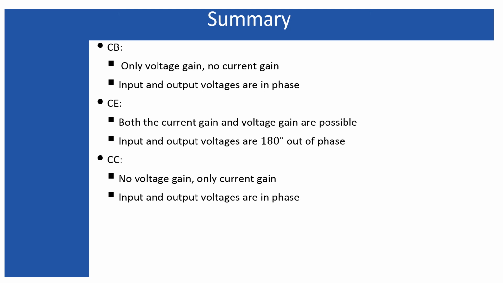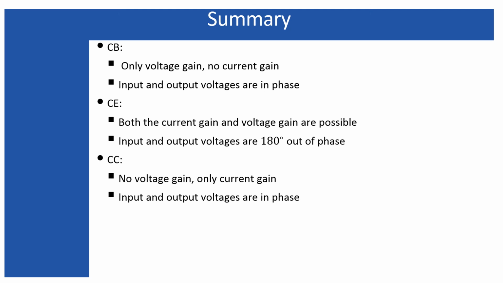As a result, we can achieve power gain out of the common emitter configuration. But in the common emitter configuration, the input voltage differs 180 degrees out of phase with respect to its output. That means when input voltage decreases, output voltage increases.